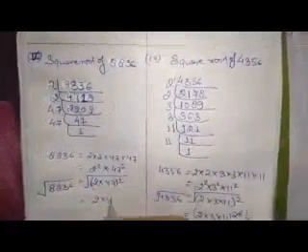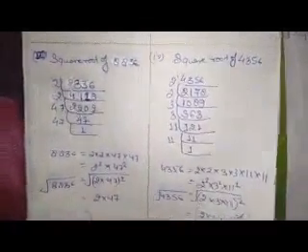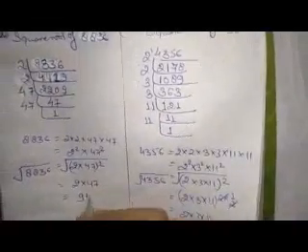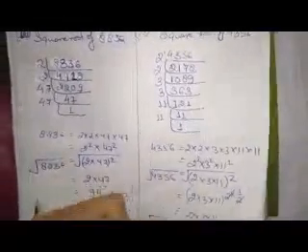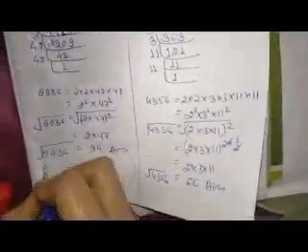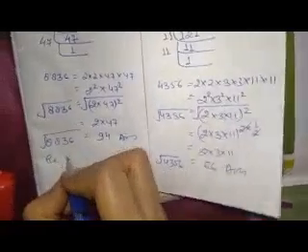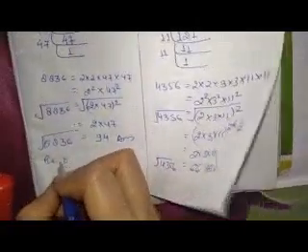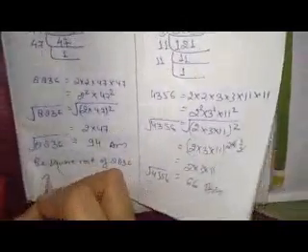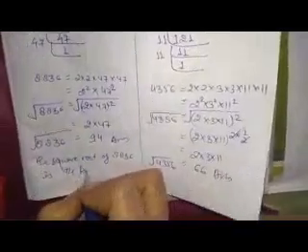It will be cancelled and I will get 47. 2 into 47 is equal to 94. 94 is the answer. So the square root of 8836 is 94. Here is the answer.